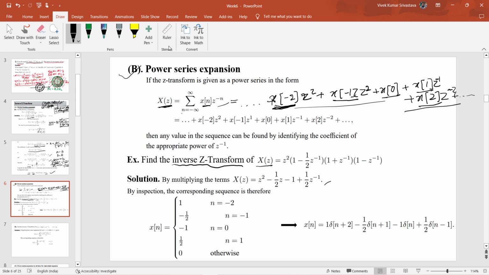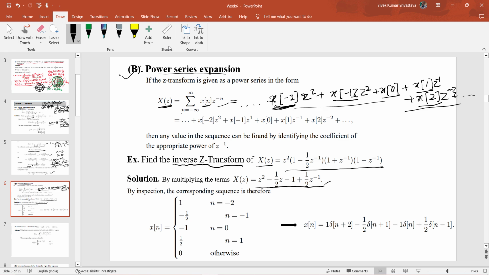The denominator function is 1, so we cannot use the previous method, that is the partial fraction expansion method. For that we will use this power series expansion. First of all we will multiply all those terms that are present here.